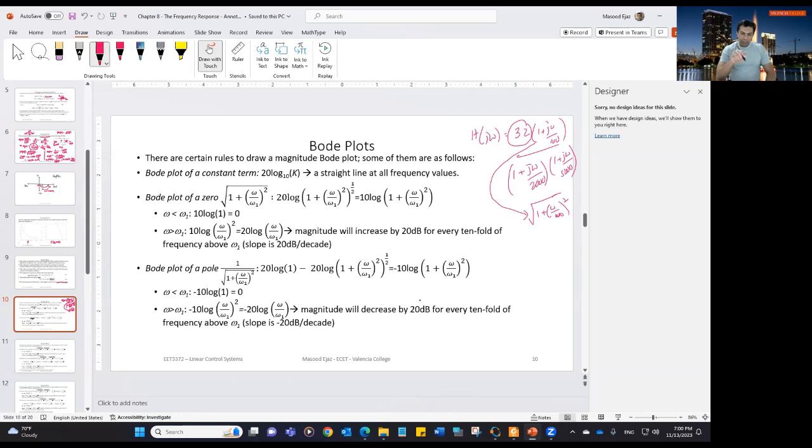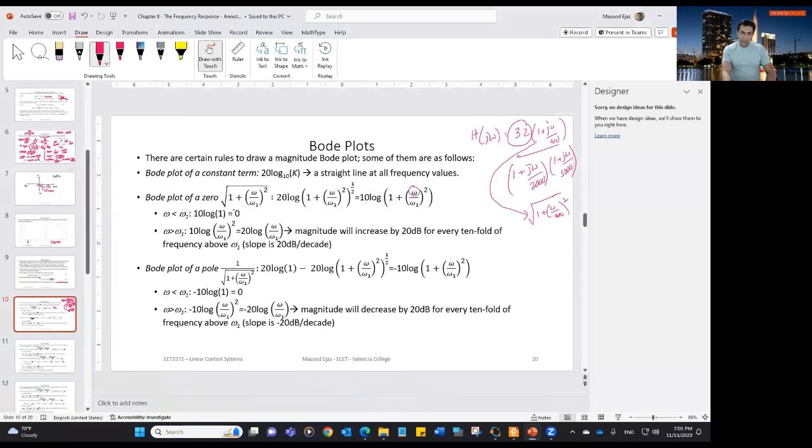Now we do the approximation, because remember, a Bode plot is an approximate plot. And what is the approximation? We assume that if omega is less than omega 1, the second term is negligible, and you are left with 10 log of 1, and log of 1 is 0.